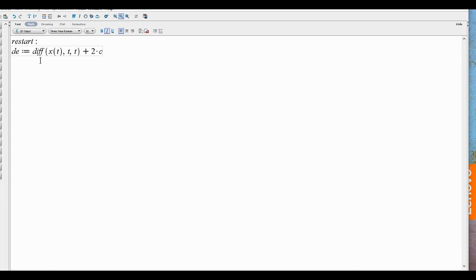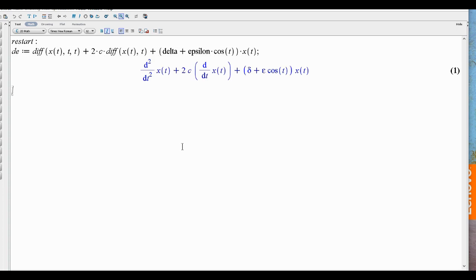The 2 is just for algebraic simplicity. You can absorb it into the c if you like, it doesn't matter. So that's the damping term, plus delta plus epsilon times cos t times x of t. In this problem, we don't treat epsilon as small, right? So it's just a parameter. That thing is going to be 0. This is the damped Mathieu equation.